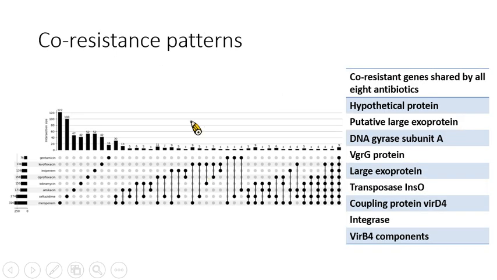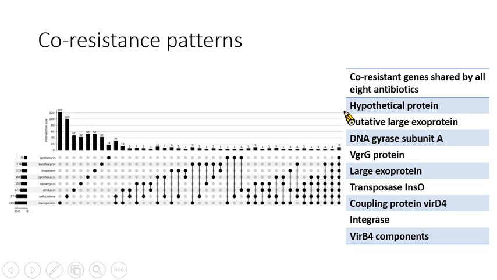We also inspected the genes that exist on the selected Unitigs, and we see that quite a number of genes appear in more than 2 drug resistances, as shown in this plot. Here are the genes that exist in only 1 antibiotic resistance, here are genes that exist in 2 antibiotic resistances, here are 3, 4, 5, 6, 7, and there are 9 genes that exist in all 8 tested antibiotic resistances.